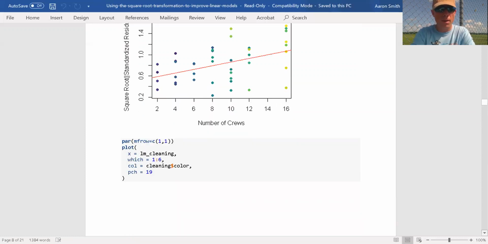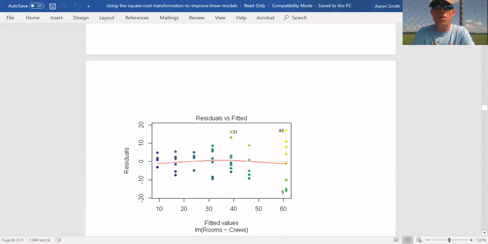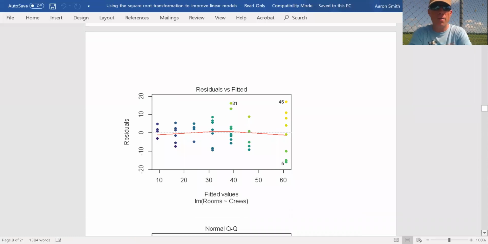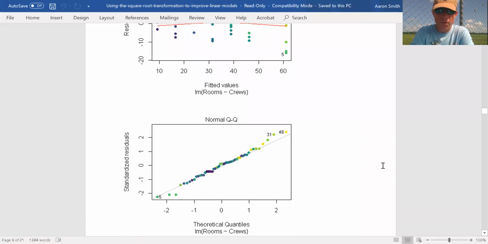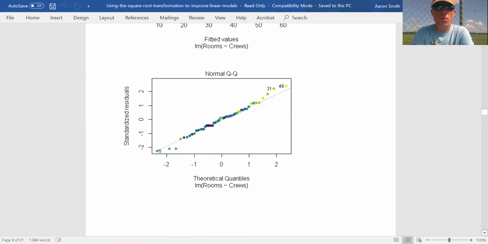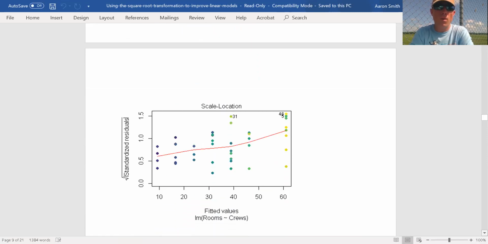All right, so what I'm going to do is go through the 6 standard diagnostic plots. And I'm seeing the same thing. I can see that for the normal QQ plot, this is a little bit higher than I would like, a little bit lower. These 2 points kind of popping out at me. So got some concerns on that front also. You can see the standardized residuals, square root again, definitely a problem.